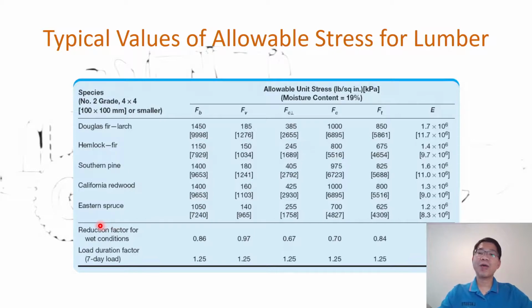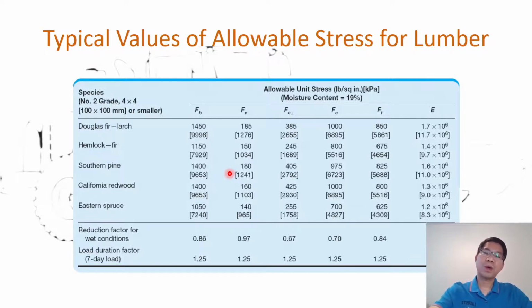And of course, it also has a reduction factor for the wet condition. If the load duration is 3 days or more, then you have to consider that as well. So if the problem doesn't give you the FB, FV, then they may give you what type of material, what type of wood it is, so you can go back to this table you have.